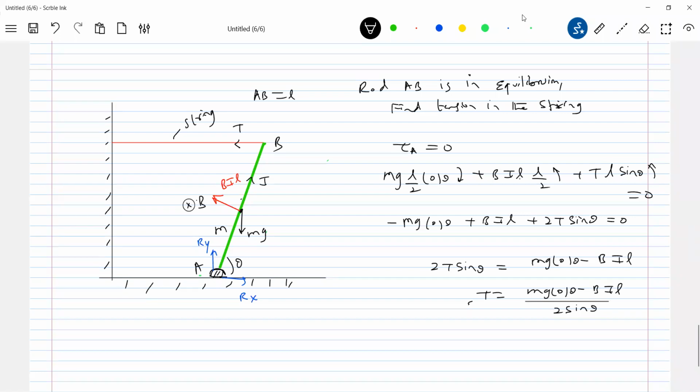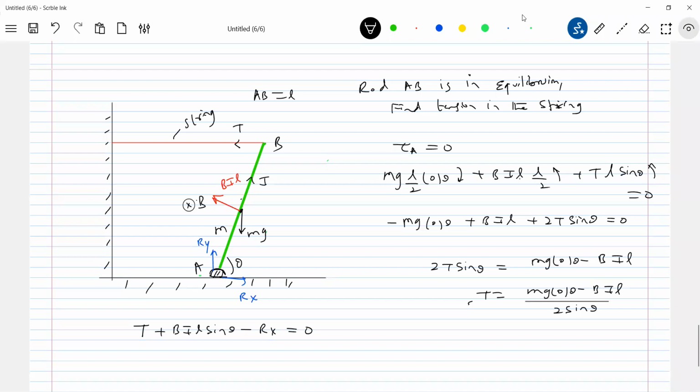So we can calculate the reaction forces here. T plus BIL sin theta minus Rx equals 0.